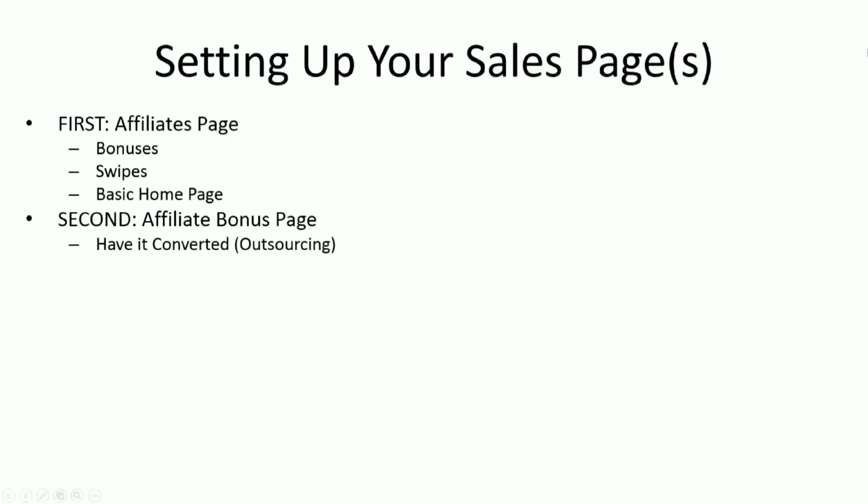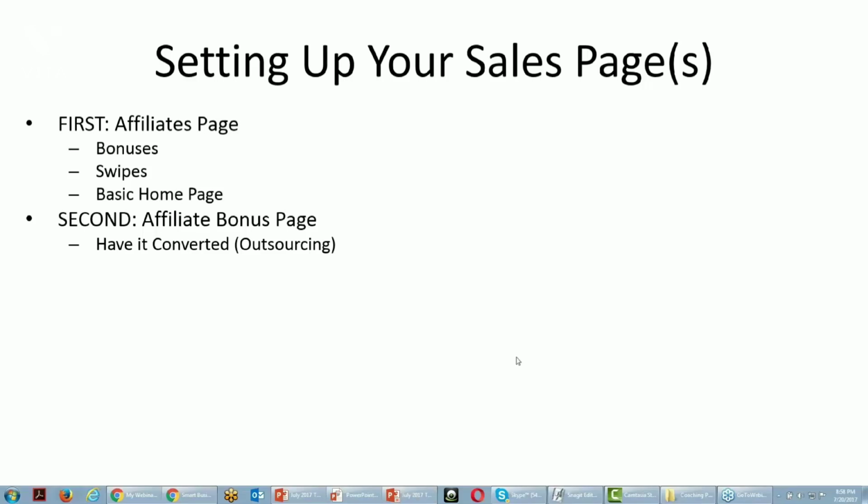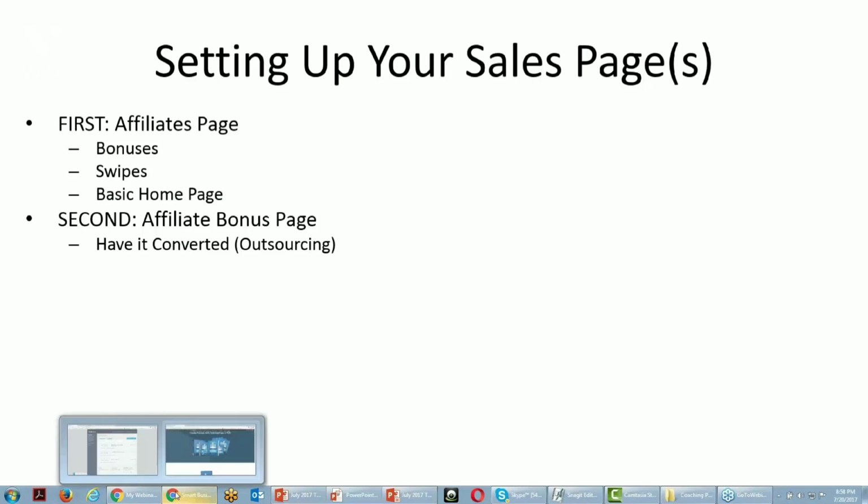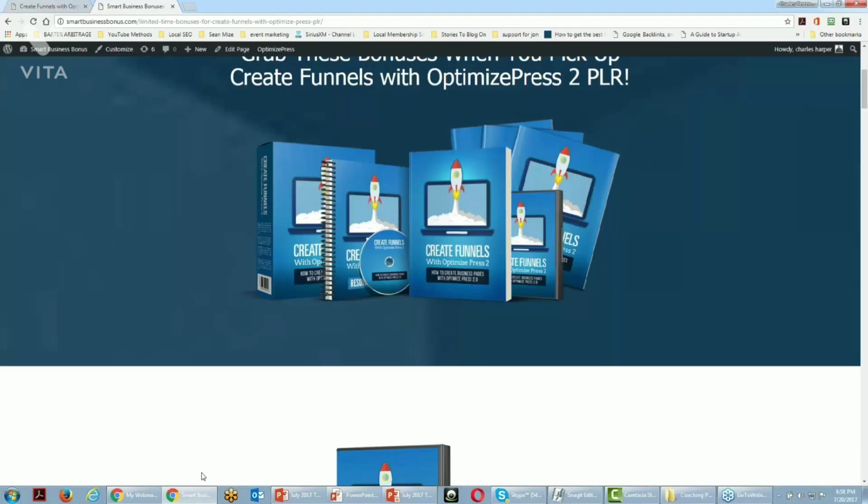Okay. Now there is one thing that I do want to tell you about this: some affiliates do not have WordPress and they don't want to use your bonus page. So what you're going to have to do is have your bonus page converted to HTML. I know a guy that does it for me for $15, and he's happy to get it.